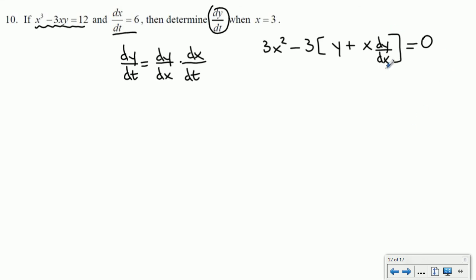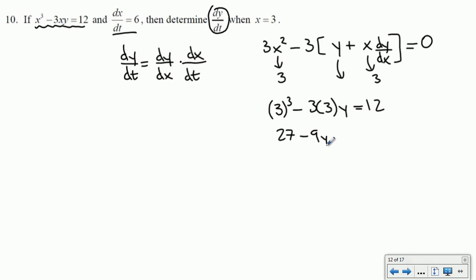So we'll be able to get a dy dx out of this equation as long as we know what x is, which we do. So we can sub a 3 in there. But we also need to know what y is. So because we have an equation relating x and y, what we can do is just sub in 3 for x and then solve for y. 3 cubed minus 3 times 3y equals 12. 27 minus 9y equals 12.